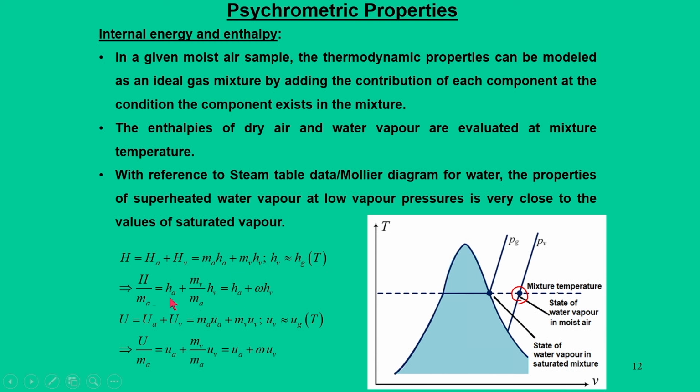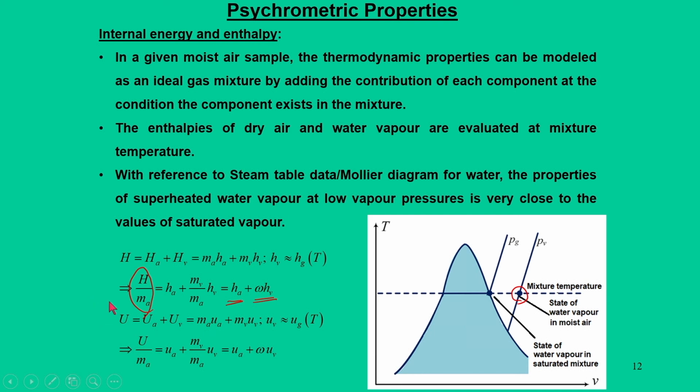From this we can simplify in terms of per unit mass of dry air. Remember the total enthalpy H divided by Ma. If you take Ma separately, then H by Ma is nothing but the specific enthalpy of the mixture. It has two components: one is small ha, that is enthalpy of dry air, and the other is omega times Hv, that is enthalpy of water vapor.